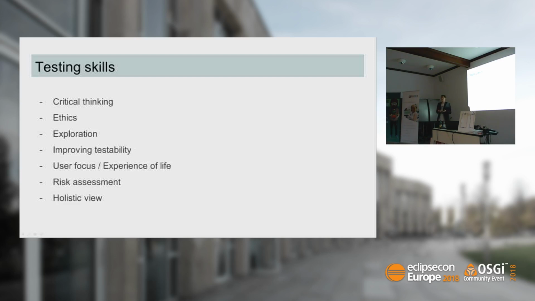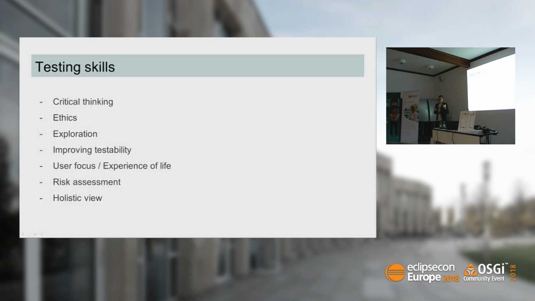Also, improving testability. It comes down to collaboration as well. You have test ideas, you want to test stuff better. It's probably not possible. I bought this light bulb off of Amazon. It's not exactly easy to find out what goes on inside that light bulb. I didn't want to take it apart, I have to admit.